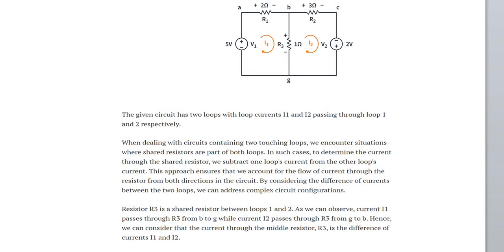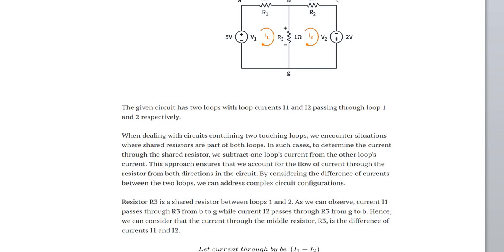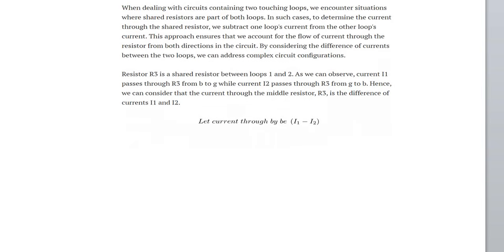For example, for loop 1, the current flowing through the R3 resistor is considered I1 in the positive direction, then I2 in the opposite direction. So the current through the middle resistor R3 is the difference of currents, that is I1 and I2. So let the current through R3 be I1 minus I2.